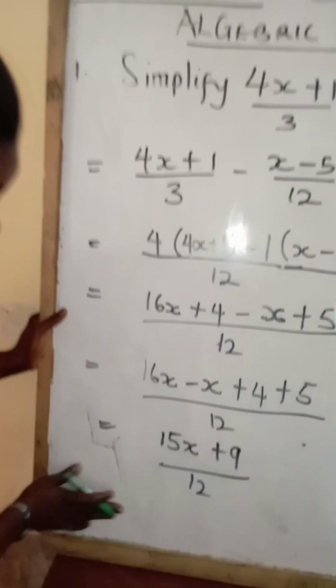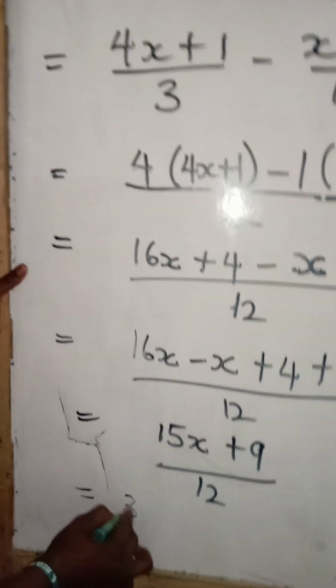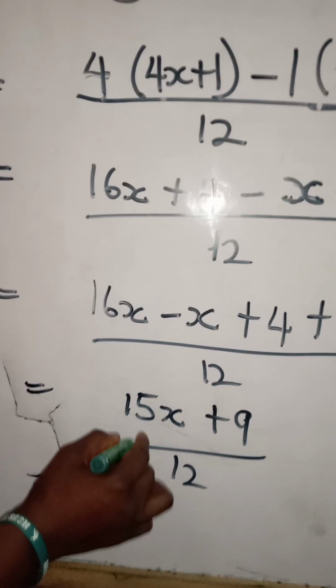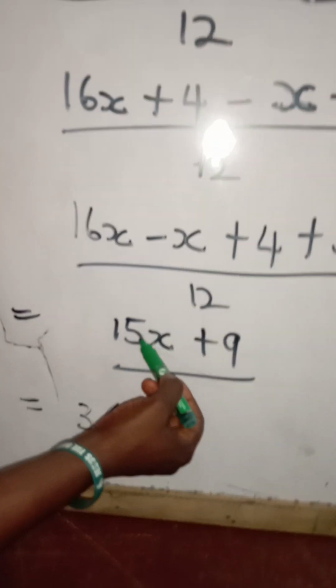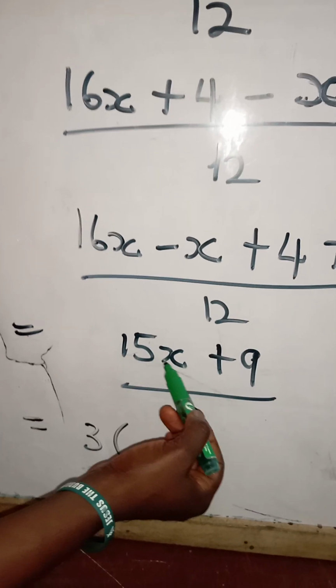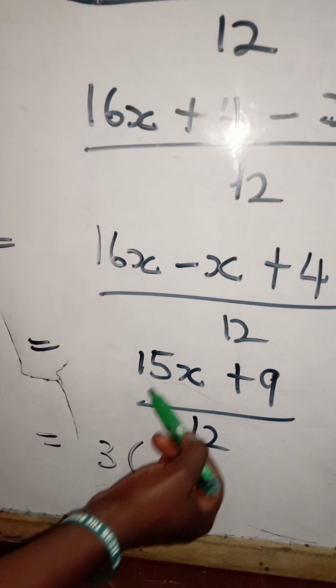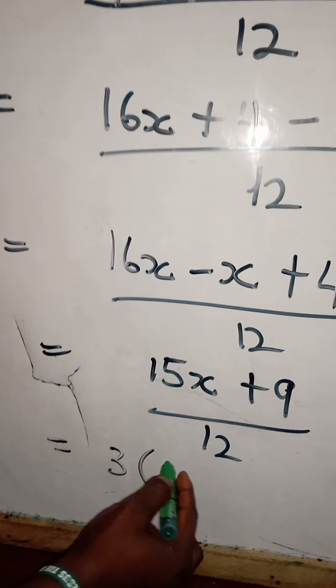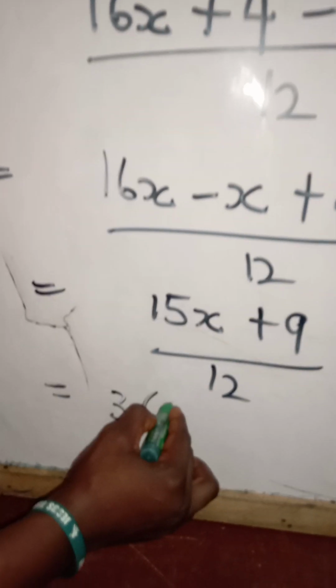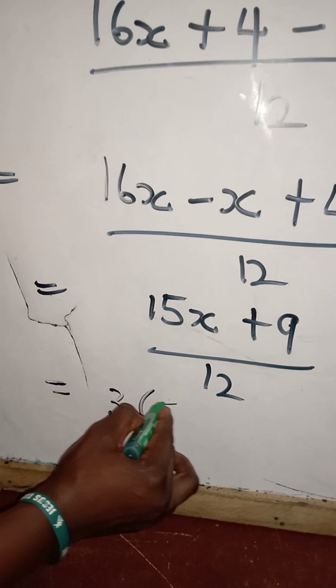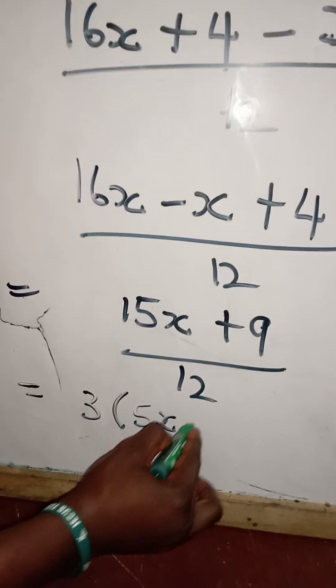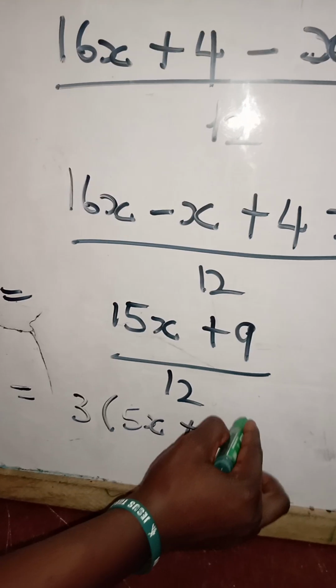So by factorizing, you write out your 3, then you use it to divide the 15x. 15x divided by 3 is 5x, plus 3.